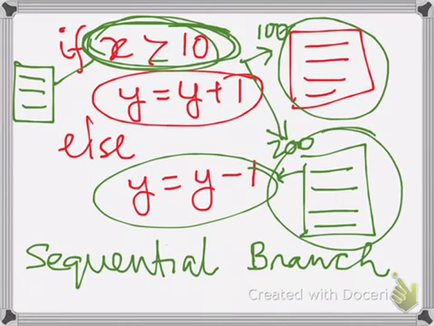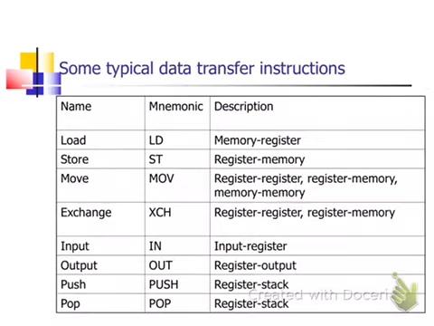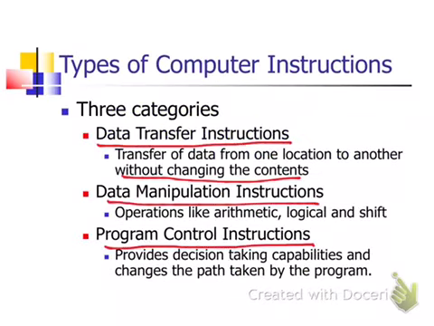An instruction which does things like this is known as a program control instruction. Program control instructions provide decision taking capabilities and change the path taken by the program. By default it is sequential, one after the other. Certain instructions can make you jump to some other location which is not sequential. So these are the three categories of computer instructions.